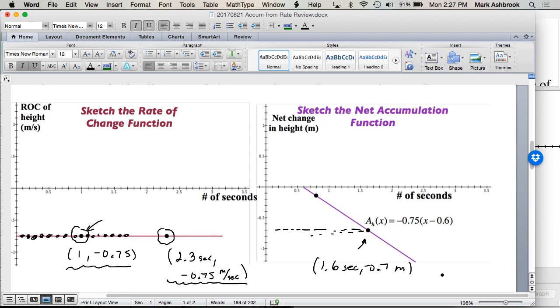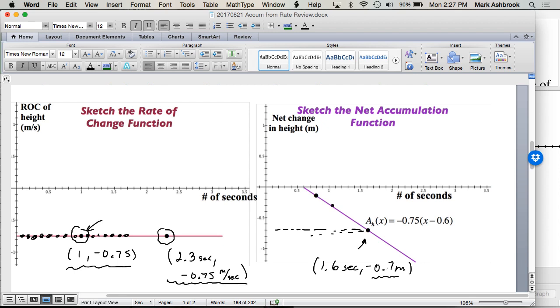And which net change in height was it? So there's one more detail we want to include. Yes, at 1.6 seconds, but this negative 0.7 is the change in height since 0.6 seconds. Since 0.6 seconds, the change in height is negative 0.7 meters.